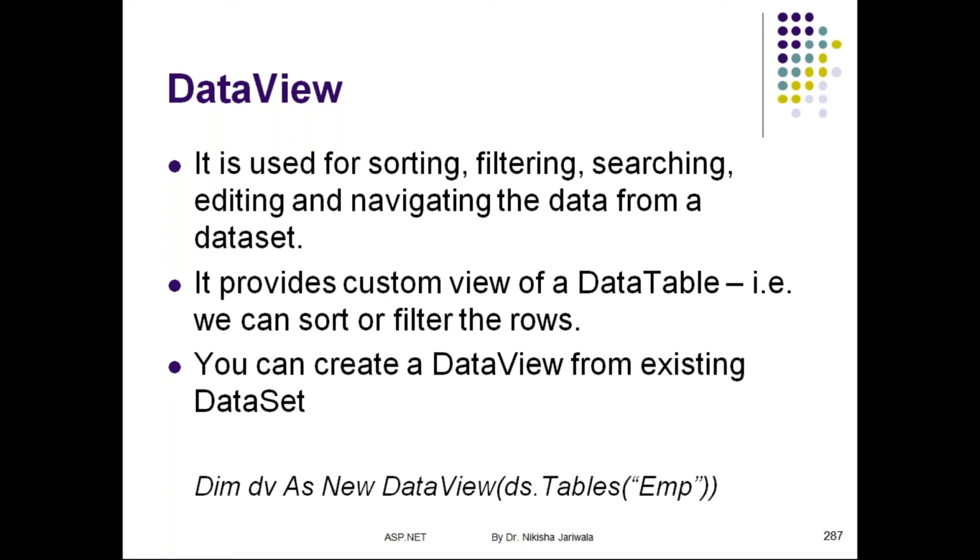Again, I repeat, I can create a data view from that data table, so that the view will contain only the 7 records of non-teaching staff, and it will not contain all the records, right? So this is the significance of DataView, and where we can use this DataView object.